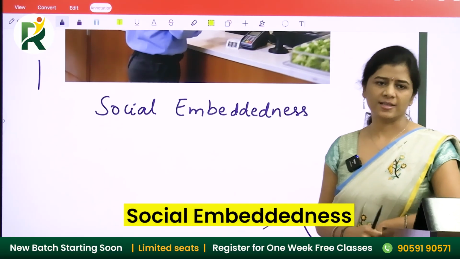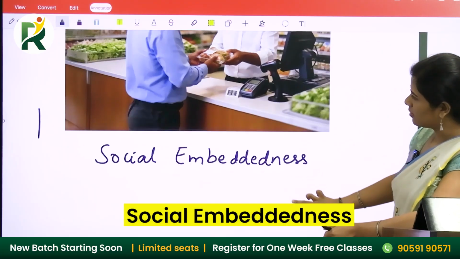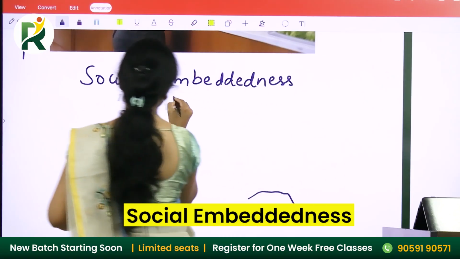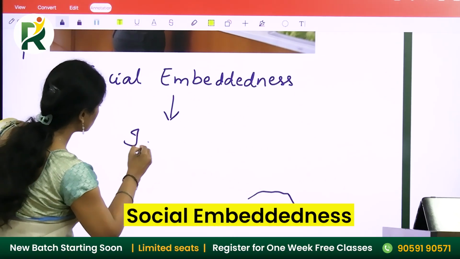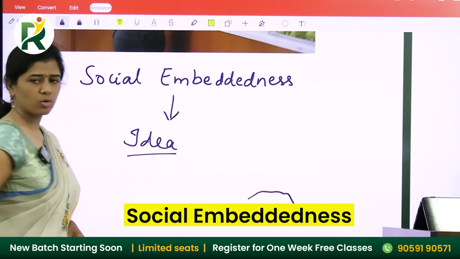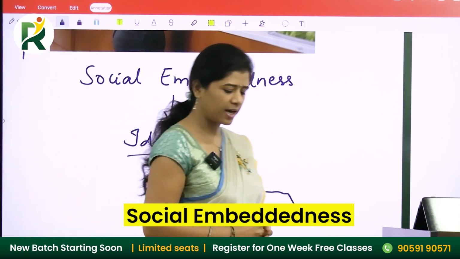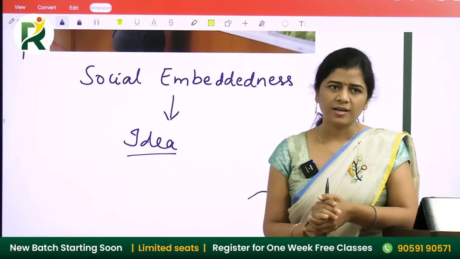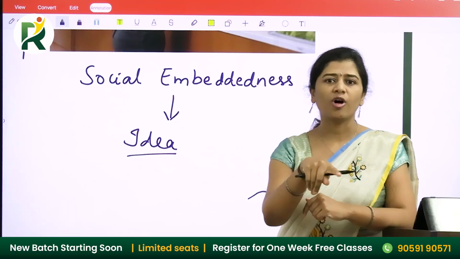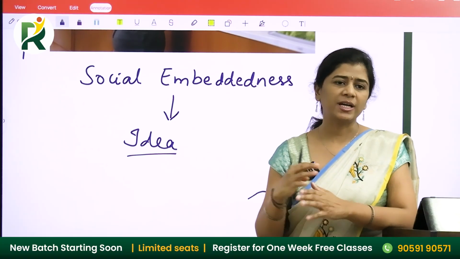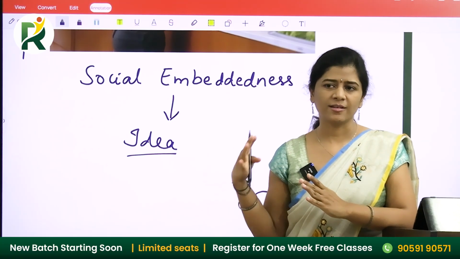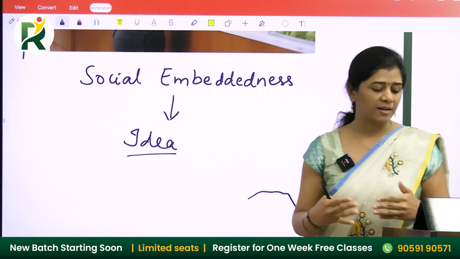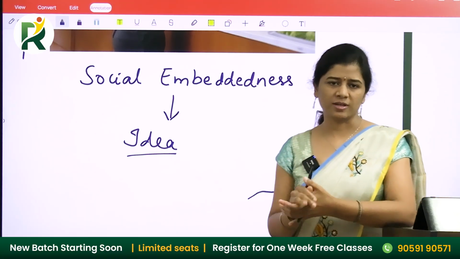Social embeddedness. Now see this image again. Social embeddedness. Now what is this? This is a sociological idea which says that human actions may not always depend on individual choices, but depend largely on societal interactions, societal relationships, societal networks.